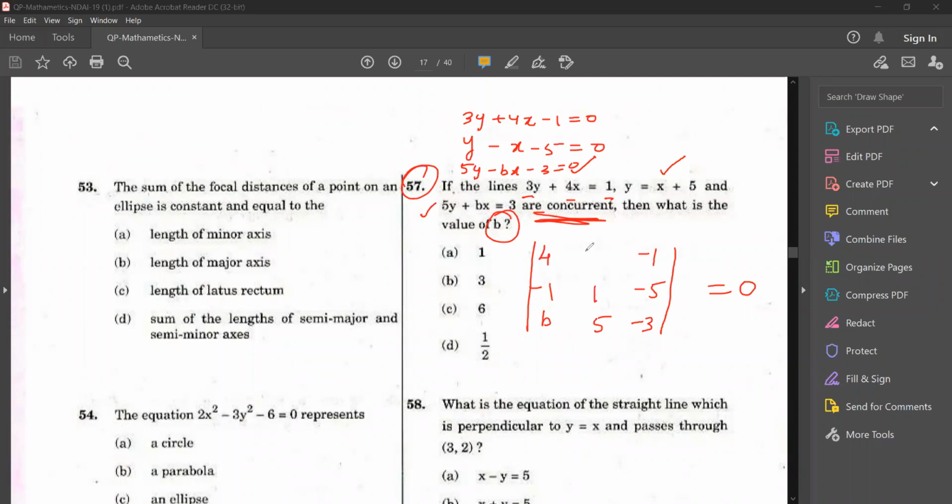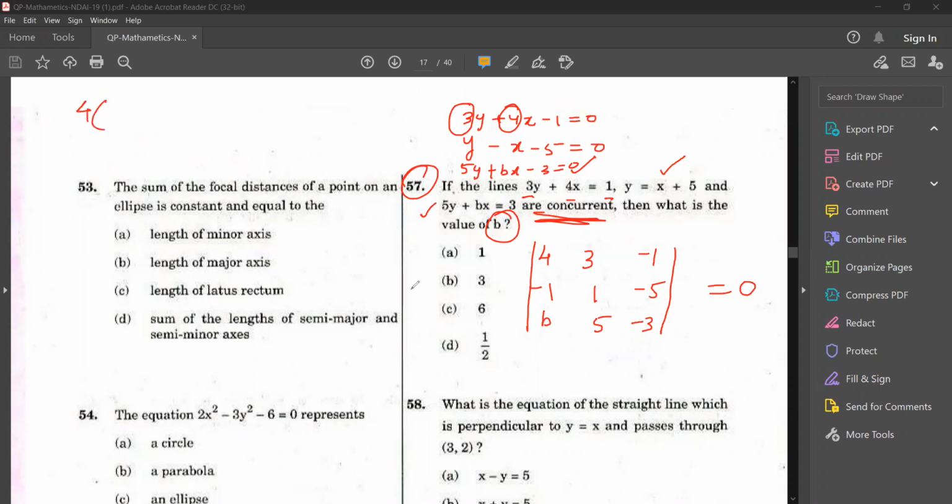Coefficient of x is 4, coefficient of y is 3. So 4, 3, minus 1. Then here minus 1, 1, minus 5. Here it is positive b, no? So that is b, 5, minus 3. Okay. So find the determinant.